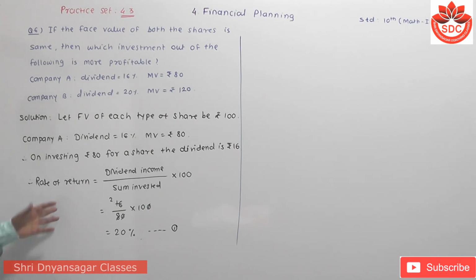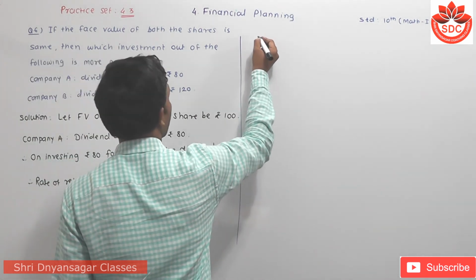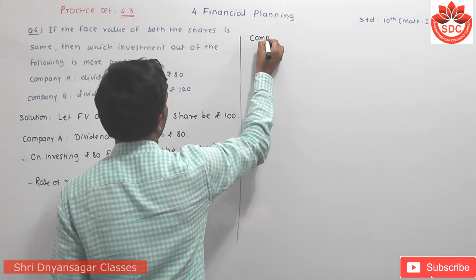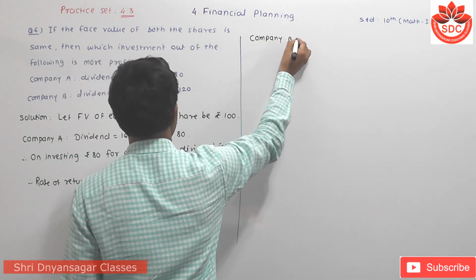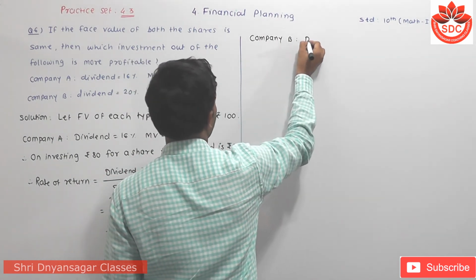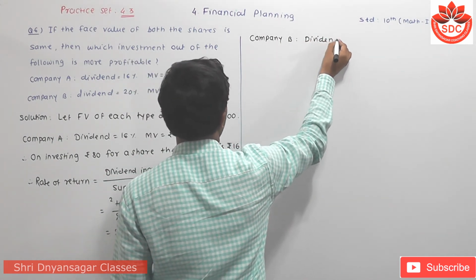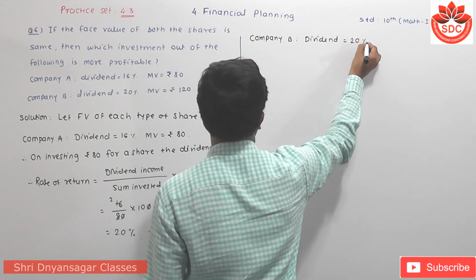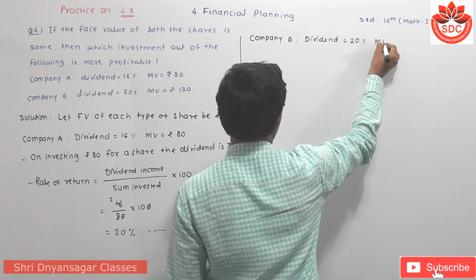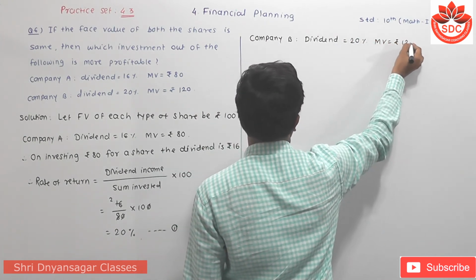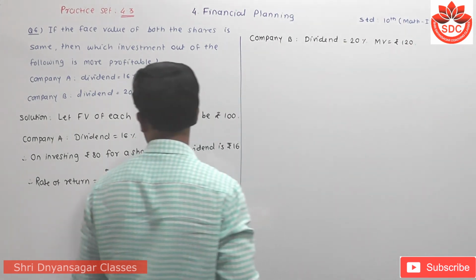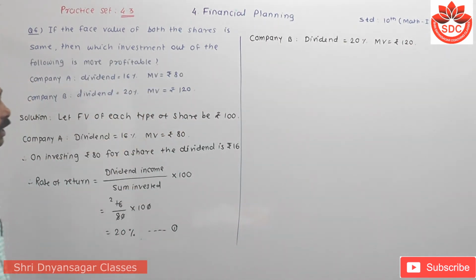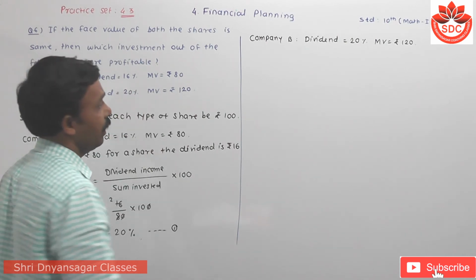Then we have to find out in the same way the rate of return for company B. Here dividend is 20%. Then market value is rupees 120. Same, therefore on investing 120 rupees for a share, dividend is 20 rupees.